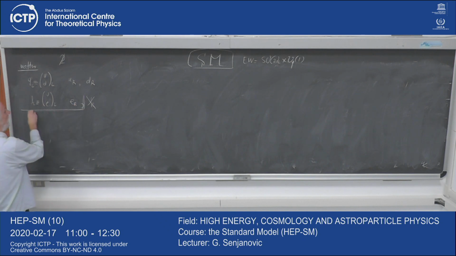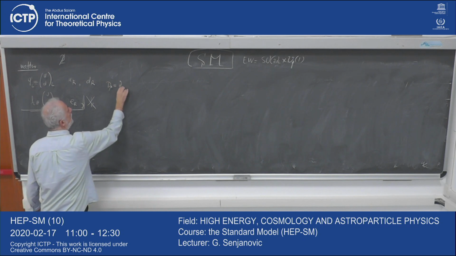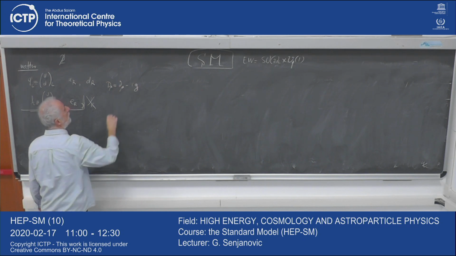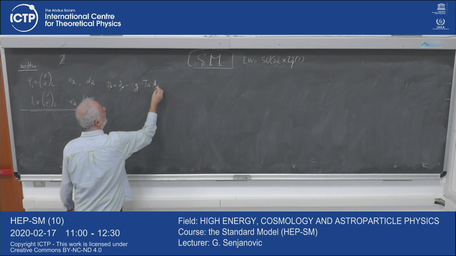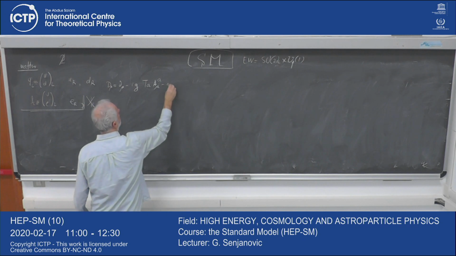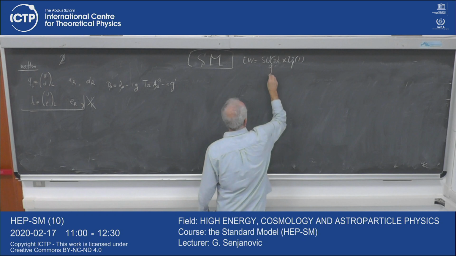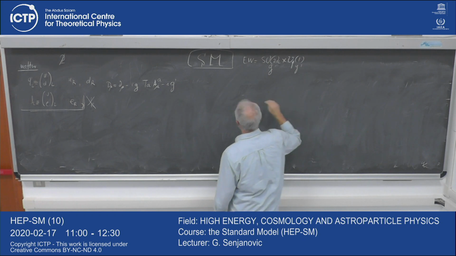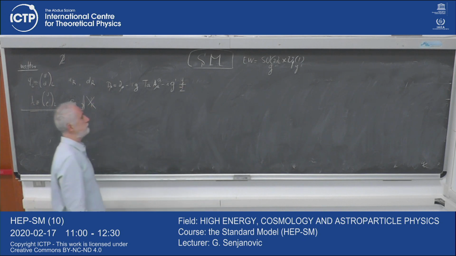So it's all specified by the covariant derivative. This is my gauge structure, which is D_mu minus i g T^A A_mu^A minus i g prime. So this is a coupling constant g. The generator I called Y/2 for some silly reason.